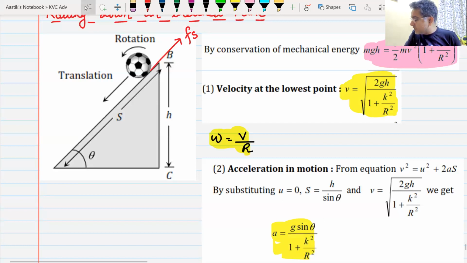Have you noted it down, bacha? Yes, sir. Everyone has noted this down?